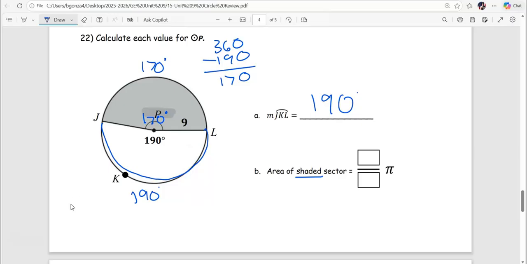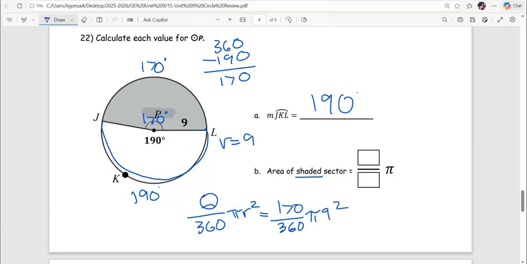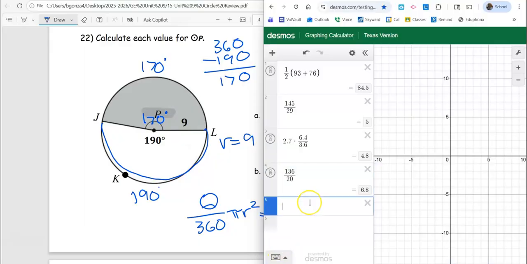Okay, so what do I do? Theta over 360, and then for a shaded sector it's pi r squared. So theta is 170 over 360 pi, and then the radius is 9, labeled here, 9 squared. 170 over 360.